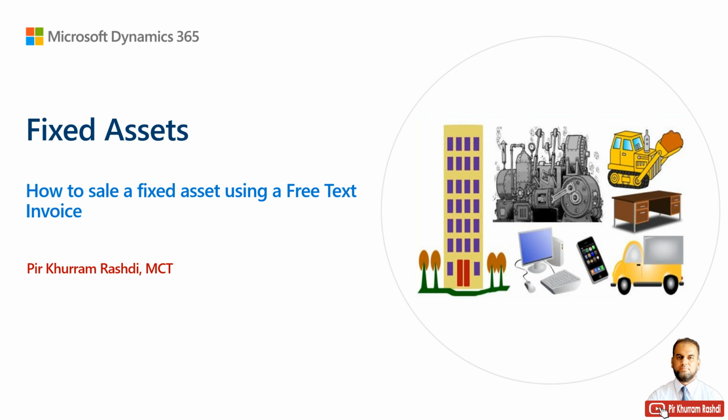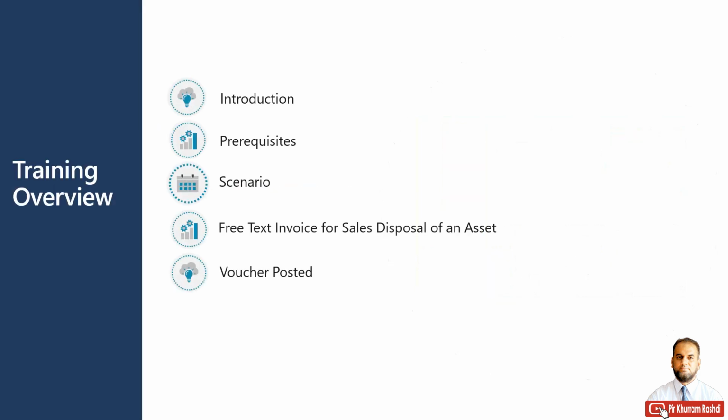I am an MCT and I am a regular trainer on YouTube, and I provide training on functional and technical topics. So today's agenda will be an introduction about the topic, which is the disposal of fixed assets through sales, and what the prerequisites are.